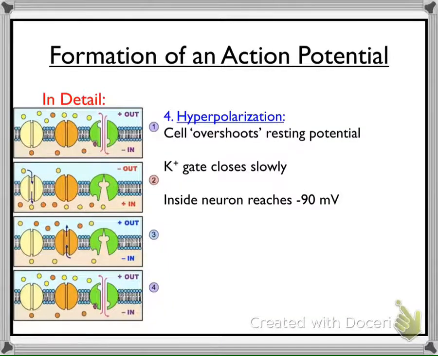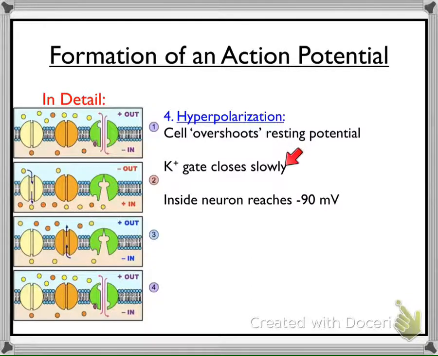Well, the fourth and final stage of an action potential is called hyperpolarization. And during hyperpolarization, what we observe is that the cell overshoots resting potential. It actually ends up becoming too negative, more negative than it wanted to be inside the axon. And the reason that we observe this is because it turns out the potassium gates kind of end up closing slowly.